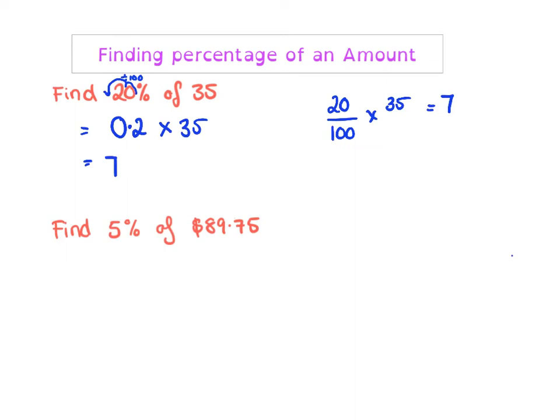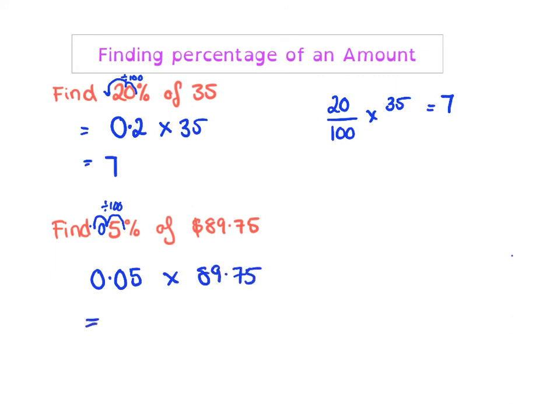So let's do this again for 5% of $89.75. Remember, we want to make it a decimal, so we'll move the decimal place back because we're going to divide by 100. So 5% as a decimal is actually 0.05, and because we want of, we're going to times 89.75.